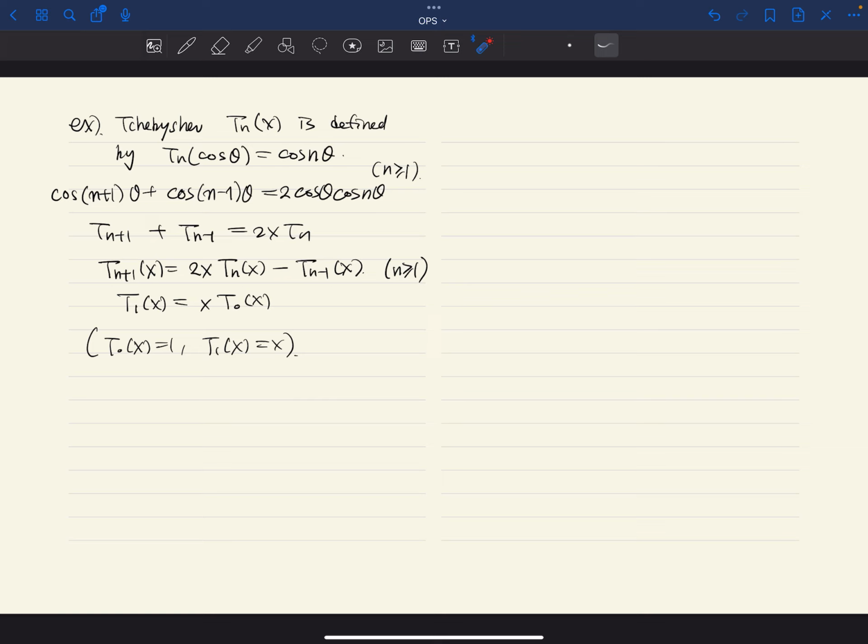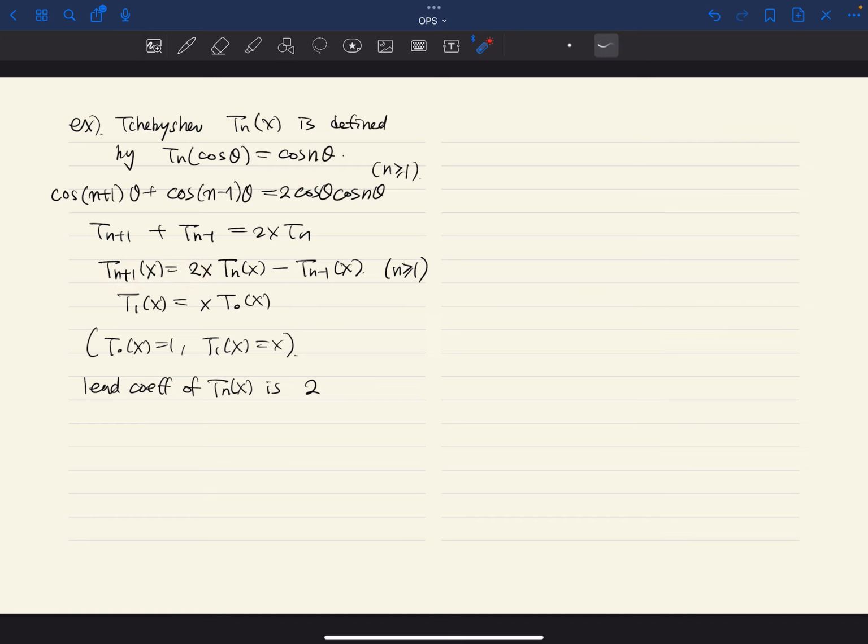So how can we get monic orthogonal polynomials? What is the leading coefficient of Tn(x)? You see, if the index is increased by 1, you multiply by 2.